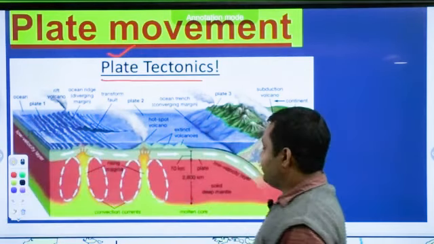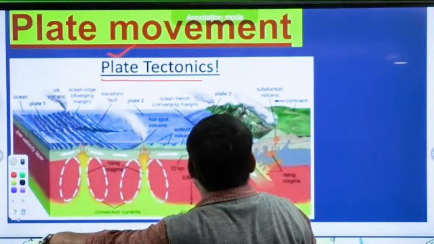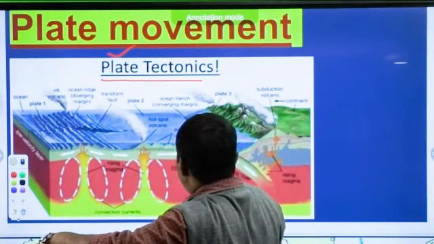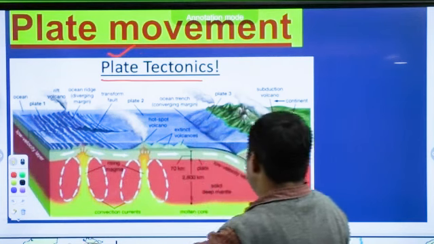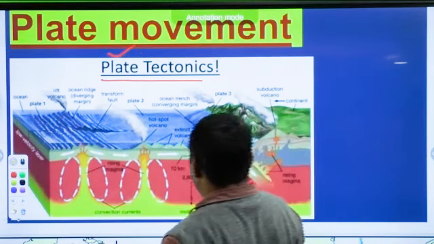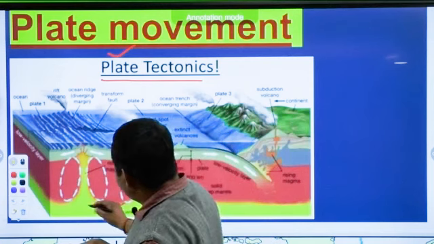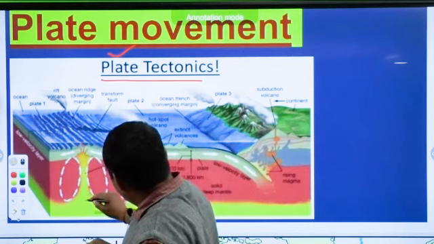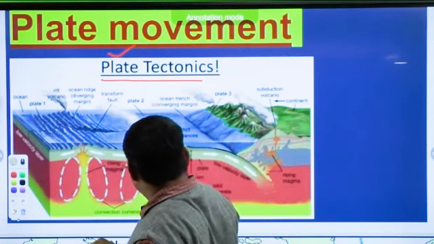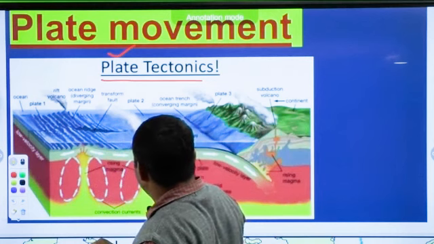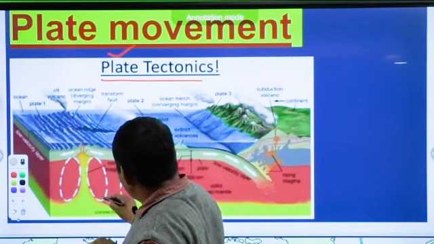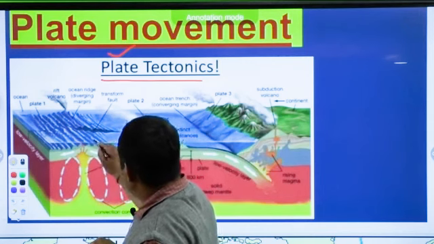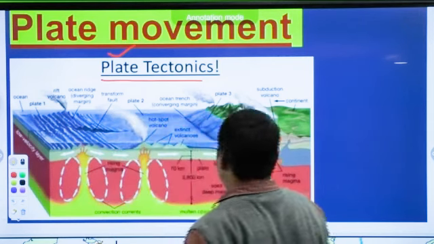One is the converging plate movement. If convectional currents are moving towards each other, at that time plate convergence takes place. This is an example of converging plate movement.